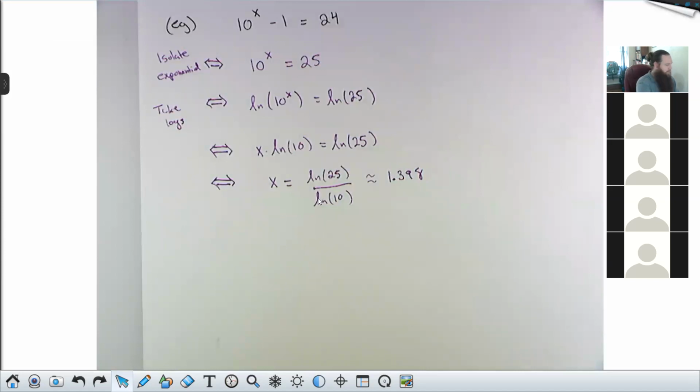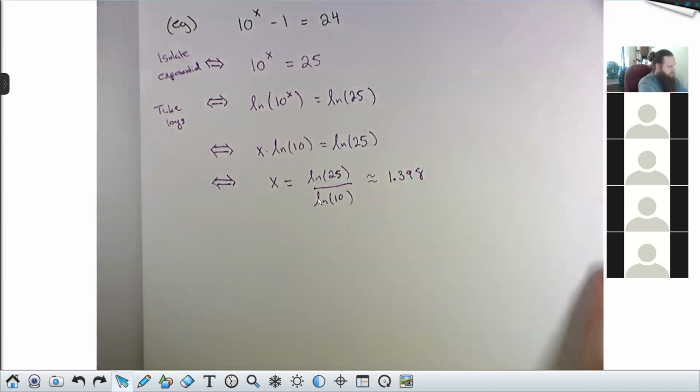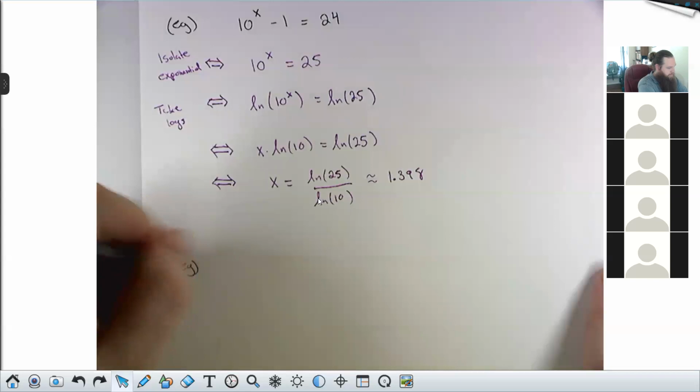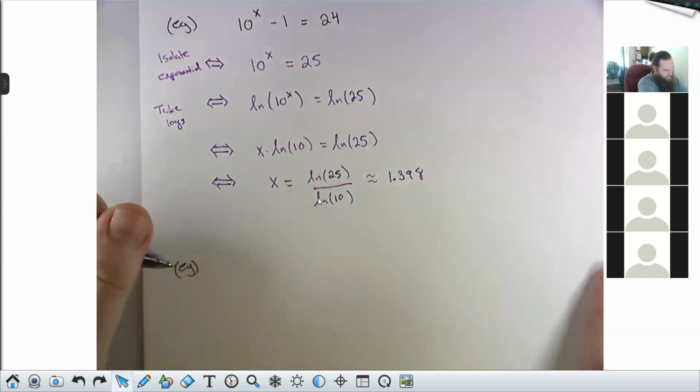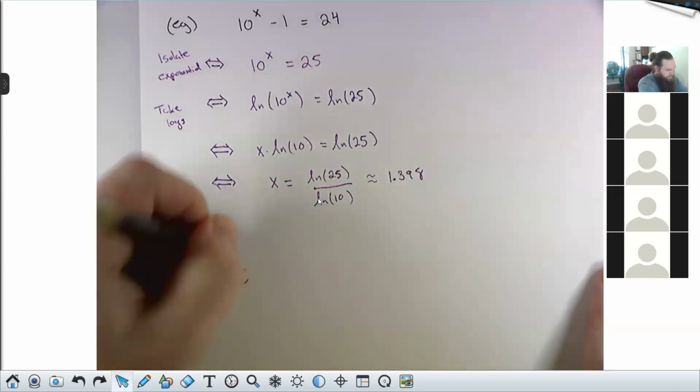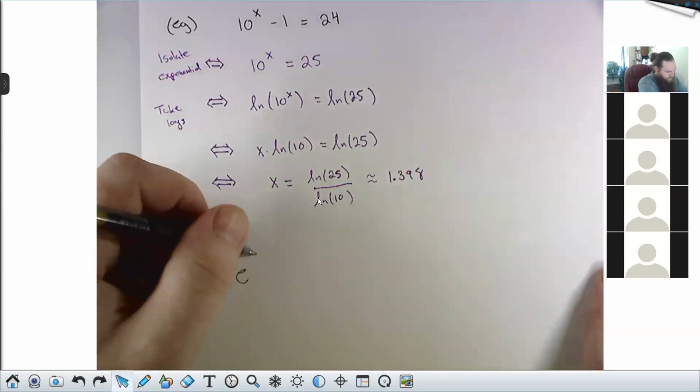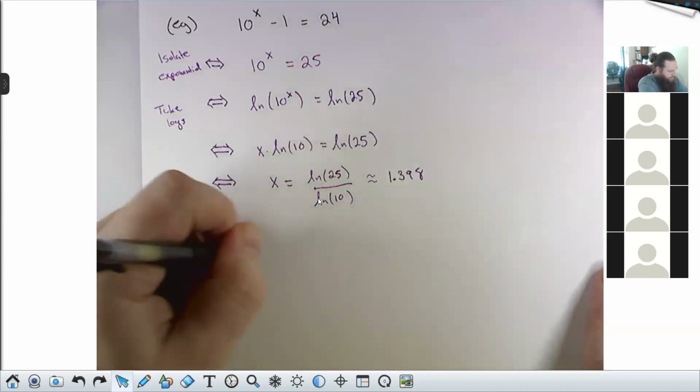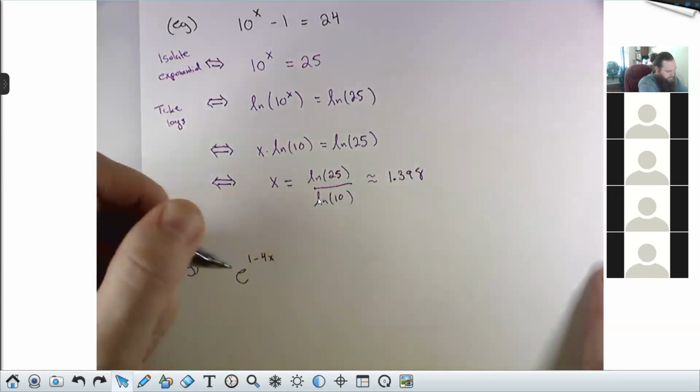Let's try one that's slightly harder. Just one here that I liked: e raised to the 1 minus 4x.